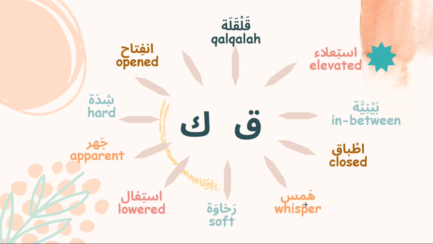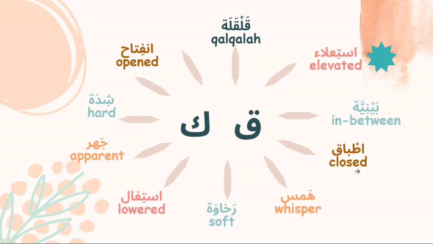What about the hams? We mentioned actually that the kaf has hams, right? But does the qaf have hams? What is the opposite of hams? Jahr. Okay? So the qaf is harf majhoor and the kaf is harf mahmus.